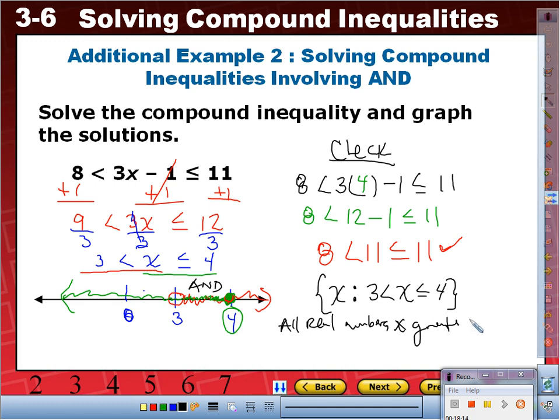Greater than 3, and I double underline that to remember, and all these are x compared to 4, what are they? Less than or equal to, because did we include 4? Yes, equal to 4. And we're done.